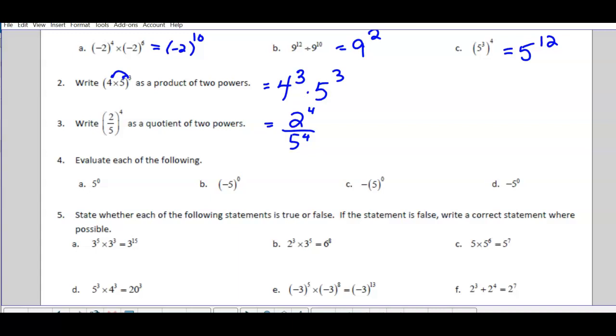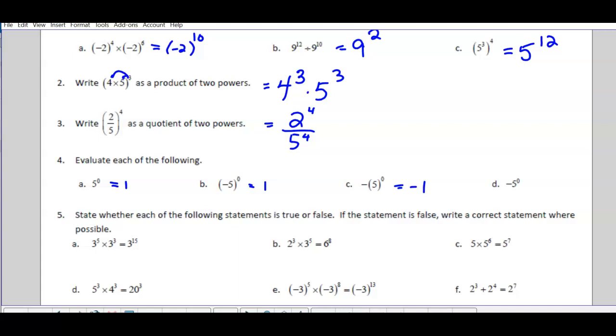Evaluating the next, there's a lot of 0 exponents. Remember, anything raised to the exponent 0 is 1 unless you multiply it by something. So this is going to be 1. This is also going to be 1. This 0 applies to the 5. The negative out front makes it negative 1.